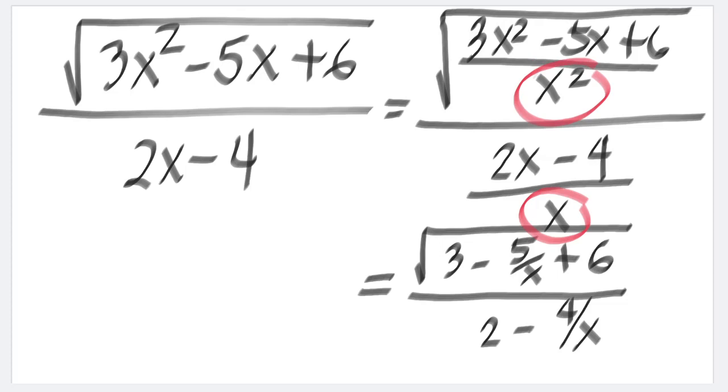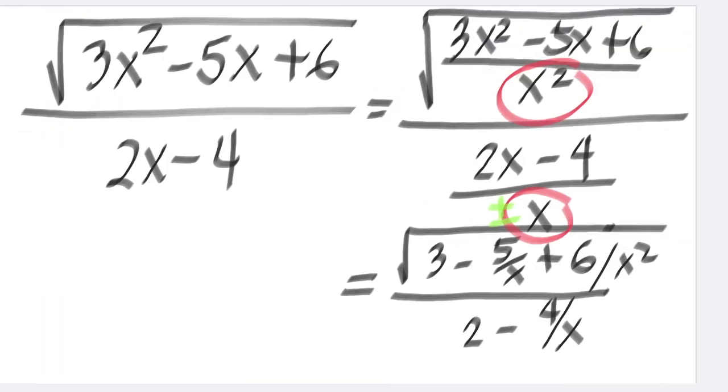And we know that the square root of x squared has positive or negative values. So you should take note that this will be positive and negative x. So whatever result we may have here, it always has two results, the positive result and the negative result. So therefore this one is square root of 3 minus 5 over x plus 6 over x squared, I'm sorry, 6 over x squared, all over 2 minus 4 over x.